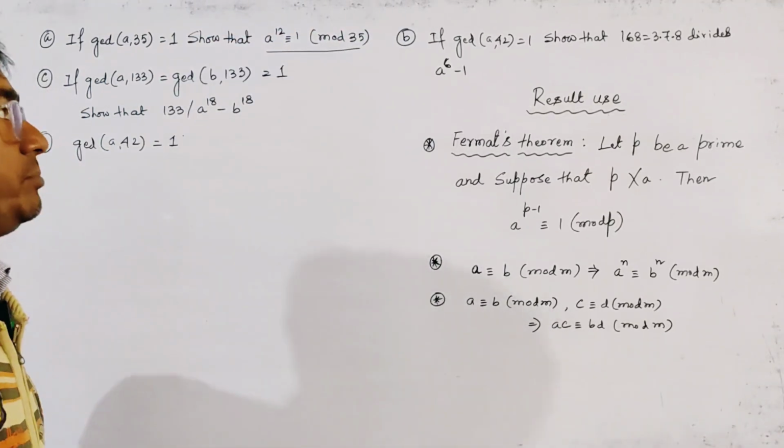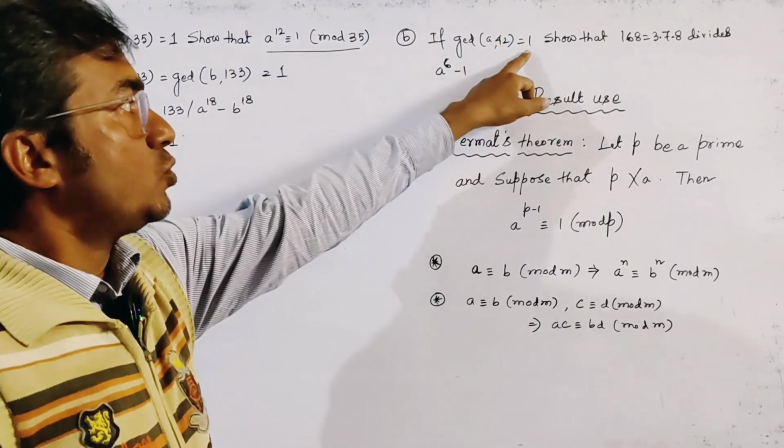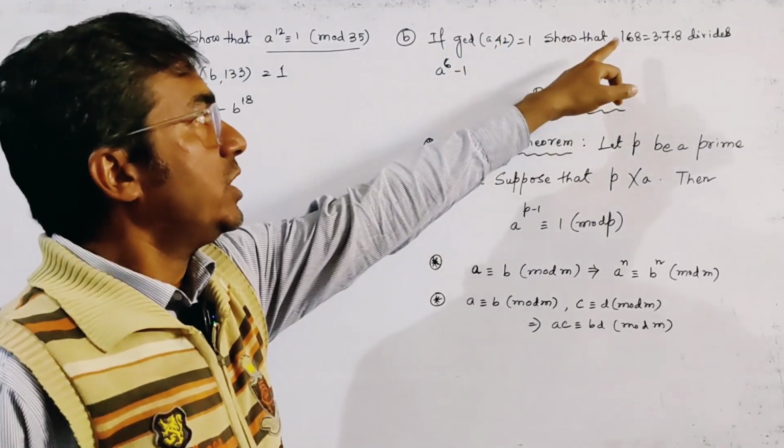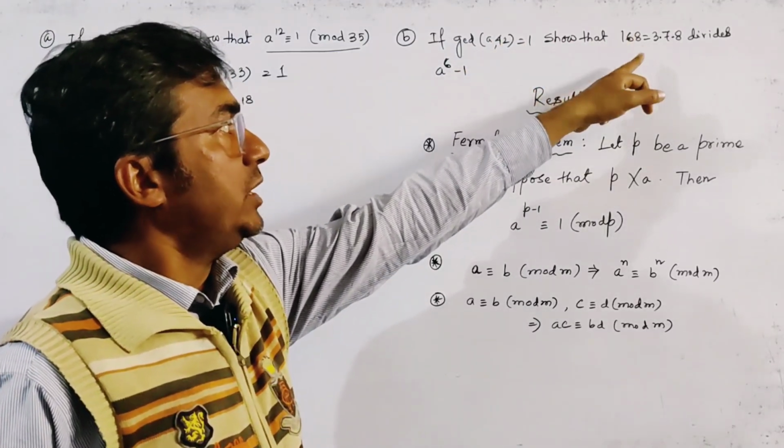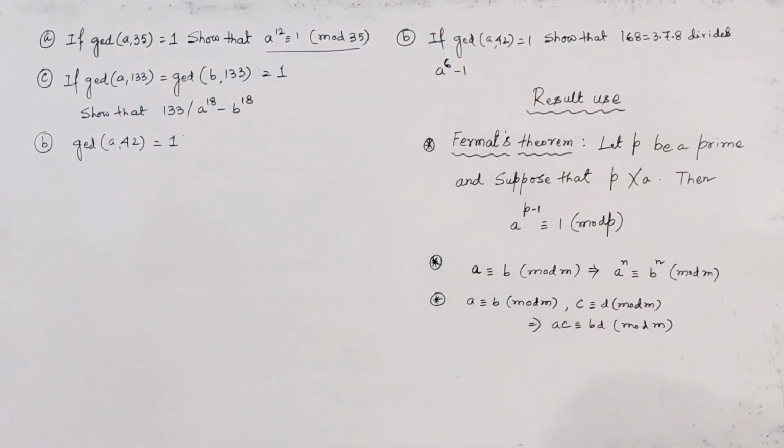In the second problem, it is given that GCD of A and 42 is 1. We have to show that 168, which is equal to 3 times 7 times 8, divides A to the power 6 minus 1.